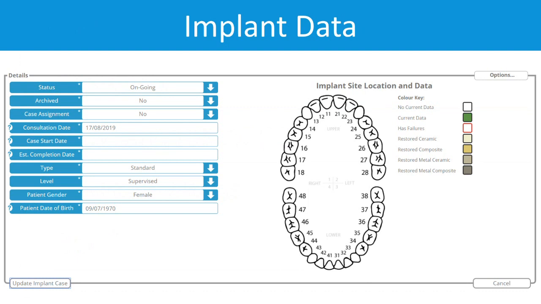Finally, we come to the implant data section. This is where you will enter information about the type and the length and diameter of the implant used, together with the batch number, together with anything to do with the bone quality, or if a membrane or localized graft was carried out. So this has all the information related to the implant, and this should be backed up again in the contemporaneous notes.